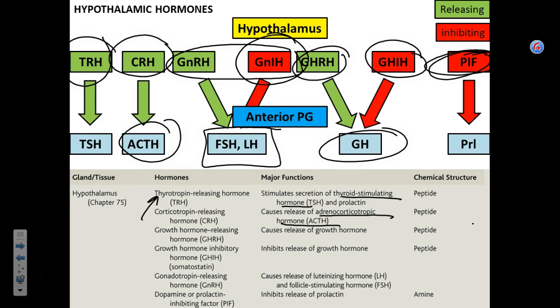Hypothalamus has sort of a tunnel vision. Hypothalamus works with downstream pituitary gland. Okay, it rarely regulates something else. We'll talk about it. It has some other functions, but it rarely regulates something else. We're good? Okay.